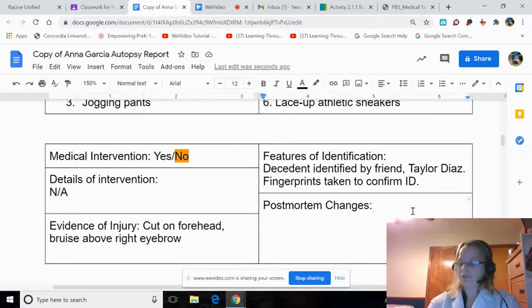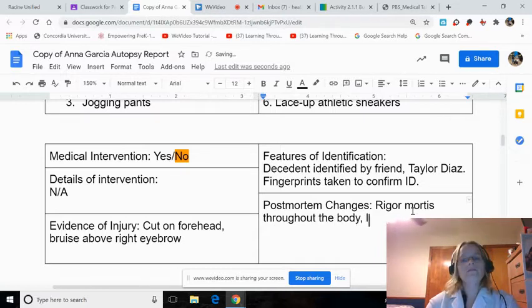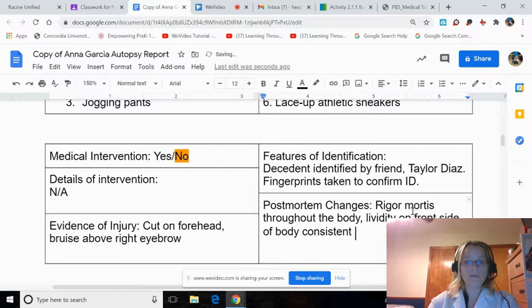Okay, postmortem changes. So we have rigor mortis throughout the body, lividity, which is the pooling of the blood after somebody dies, on front side of body, consistent with rigor.